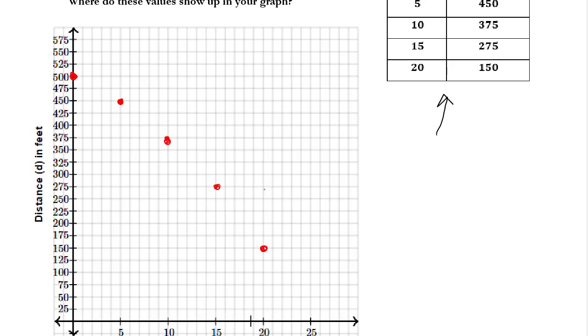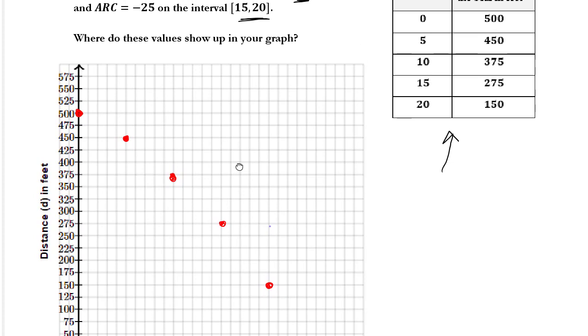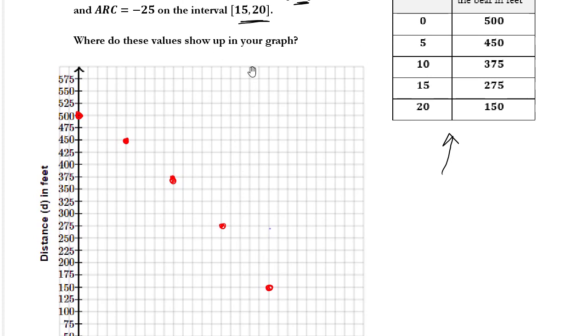All right, so here are our 5 points. And now let's go back to the second part of the question, which is where do the values that we found, the average rate of change values, show up on the graph? Where can I see negative 10, for example, given this graph? And the answer is average rate of change is slope, right?